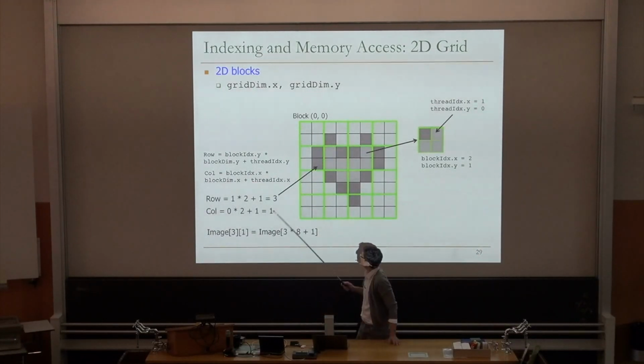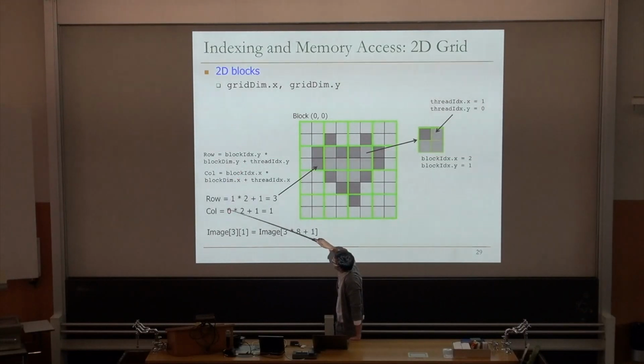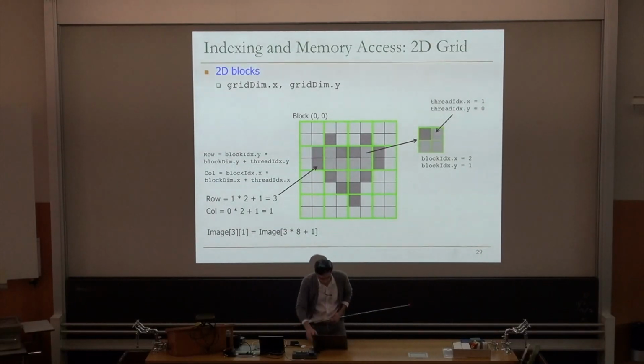So for example, this pixel here, pixel 3, 1, in row 3 and column 1, is accessed by the thread with threadIdx.x equal 1 and threadIdx.y equal 1, and this thread 1, 1 is in block 0, 1: blockIdx.x is 0, blockIdx.y is 1. So it's thread 1, 1 in block 0, 1.